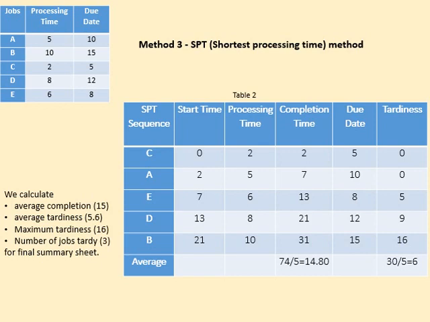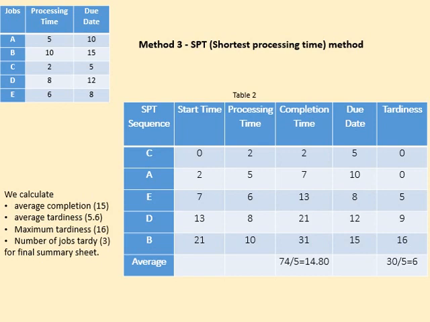Job C starts at 0th time, takes 2 days as processing time and finishes on the 2nd day. The due date is the 5th day, thus tardiness is 0. The second job assigned is job A, which starts on the 2nd day, takes 5 days to process, and finishes on the 7th day. Since the due date is the 10th day, the tardiness is 0.